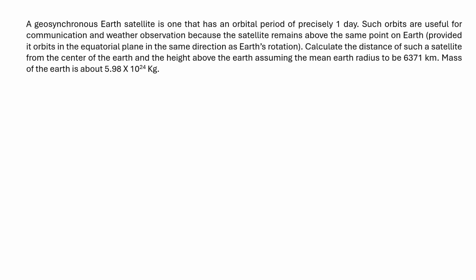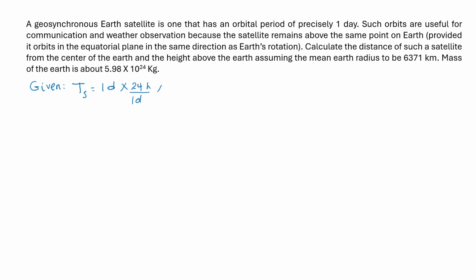So what are we given? We are given the time taken by the satellite to complete one revolution or one orbit. So the time or period of a satellite is 1 day. We need this in seconds, therefore we have to get rid of the day. So we divide it by 1 day and multiply it by 1 day equivalent hours. That's 24 hours.